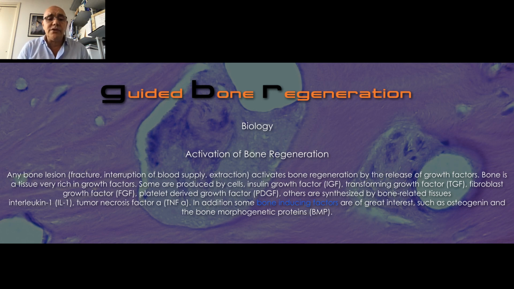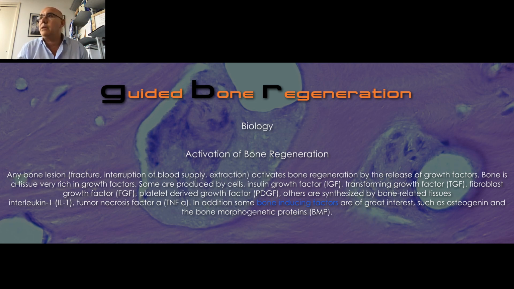So any bone lesion, that can be a fracture or interruption of blood supply or extraction, activates the mechanism of bone regeneration because the periodontal ligament cells release growth factors. And the bone is a tissue that is very rich in growth factors. So the insulin growth factor, the transforming growth factor beta, fibroblast growth factor, and platelet-derived growth factor are all synthesized in the bone-related tissue.